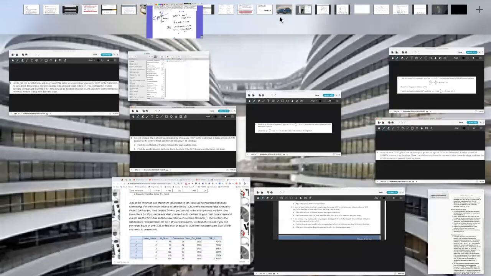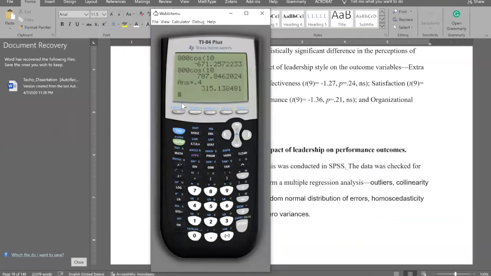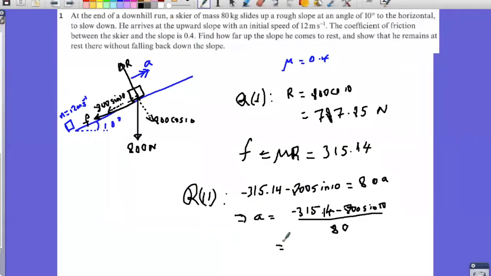I go back to my calculator, and I get negative 5.68. So acceleration is negative 5.68.